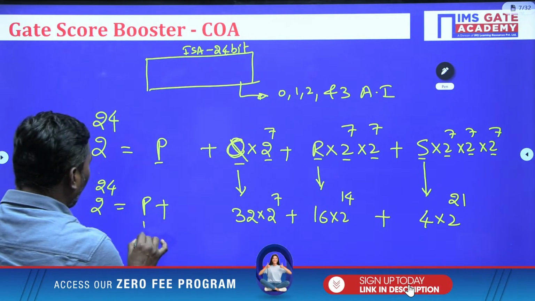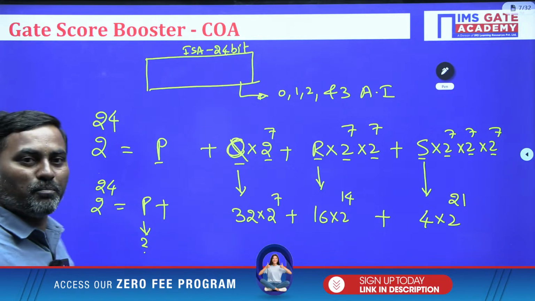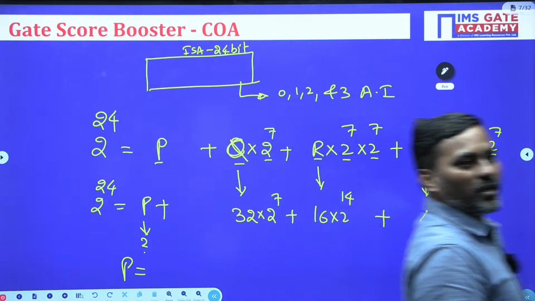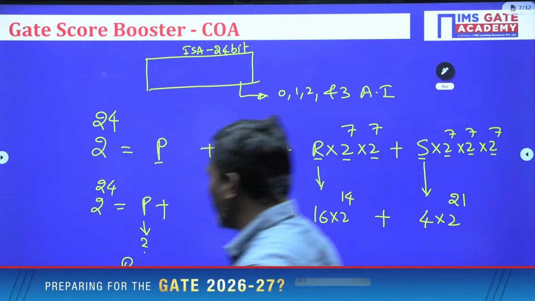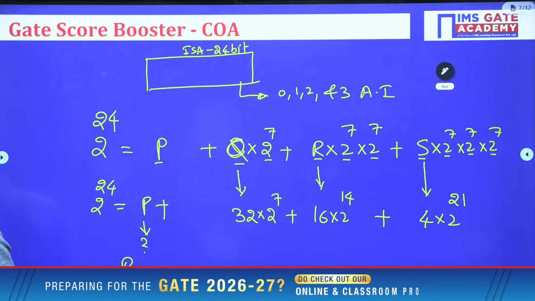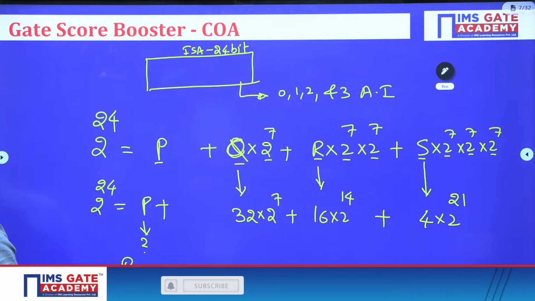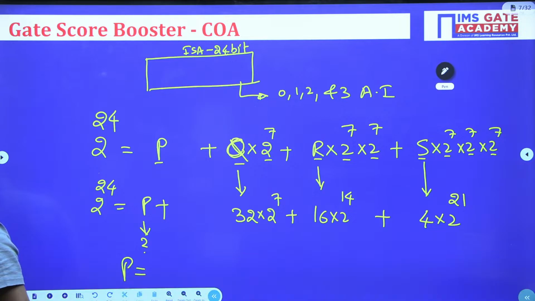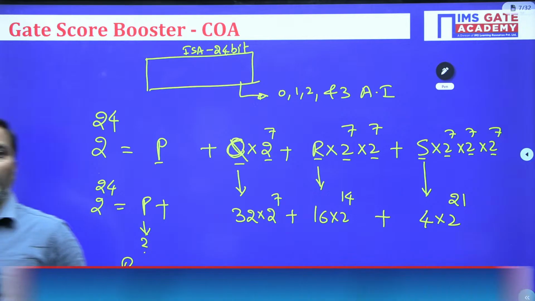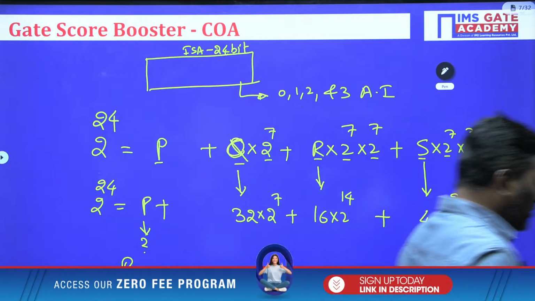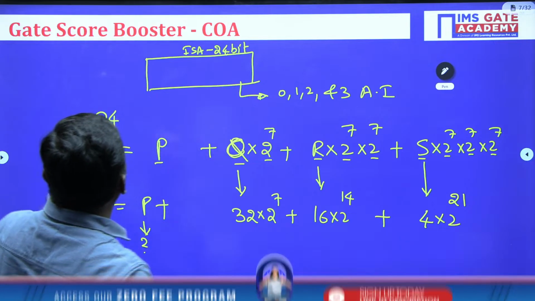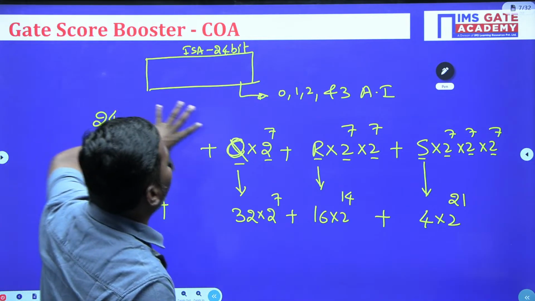So now we need to calculate the P value. Can you all please simplify this expression and tell me what P value you are getting? Just solve it. You can apply any kind of method. The way I am writing, the number of opcodes is the sum of all of them, right?